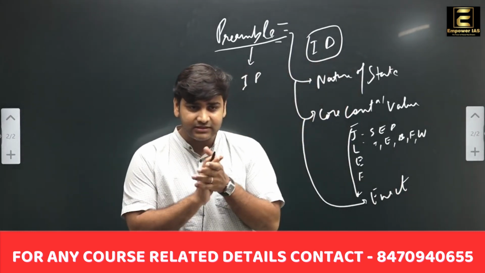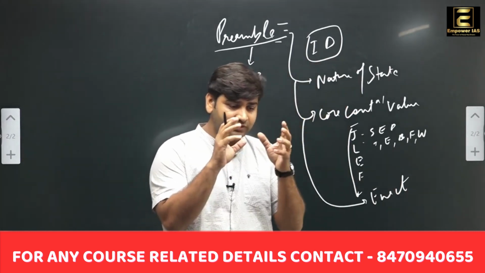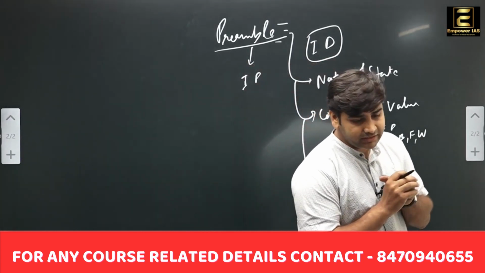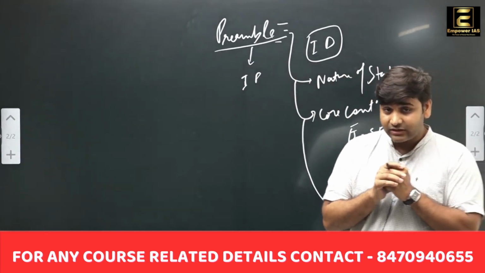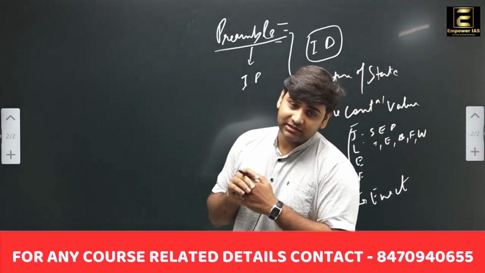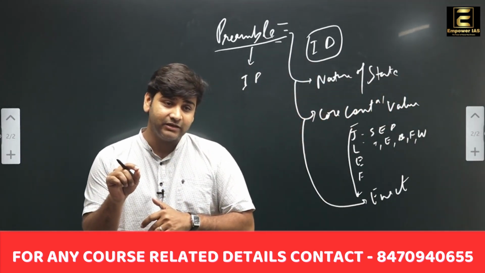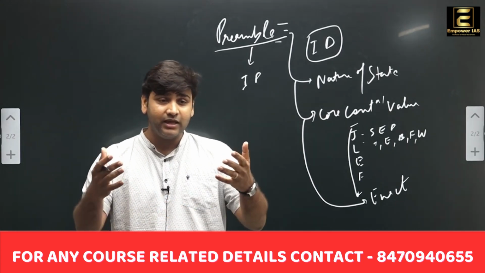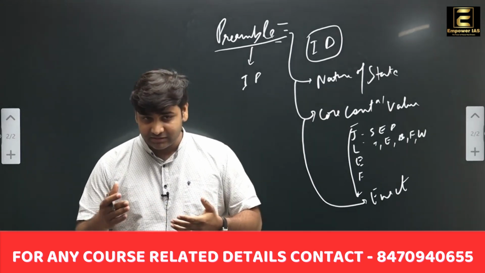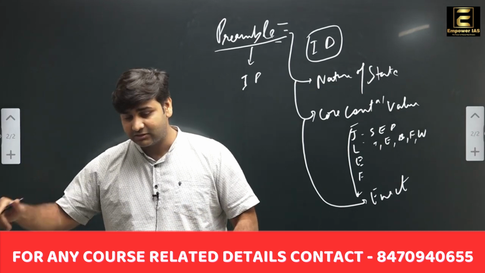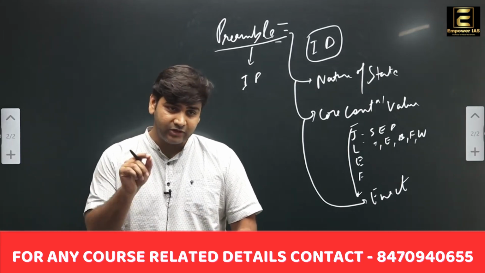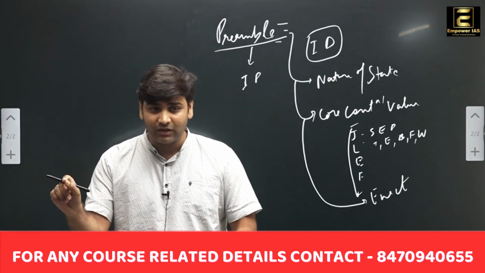If you read the constitution and study it properly, it is written that on this day, 26th of November 1949, we do hereby adopt, enact, and give to ourselves this constitution. Adopt, enact, and give to ourselves.